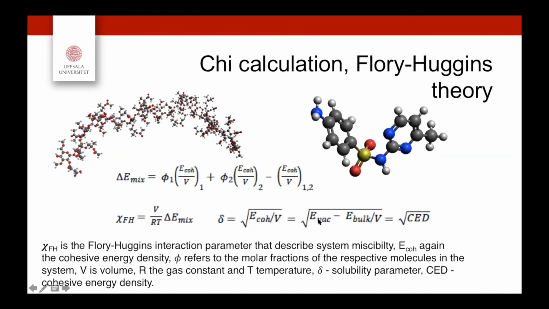So if we measure the energy of this molecule in vacuum, and then of the same molecule in the same configuration, but surrounded by the rest of the molecules in both the pure API and mixed system, and we do the same for polymer, we put it all together, multiply by the molar fractions, and then normalize by the volume, then we get this chi, where the interesting interval is basically between 0 and 0.5.